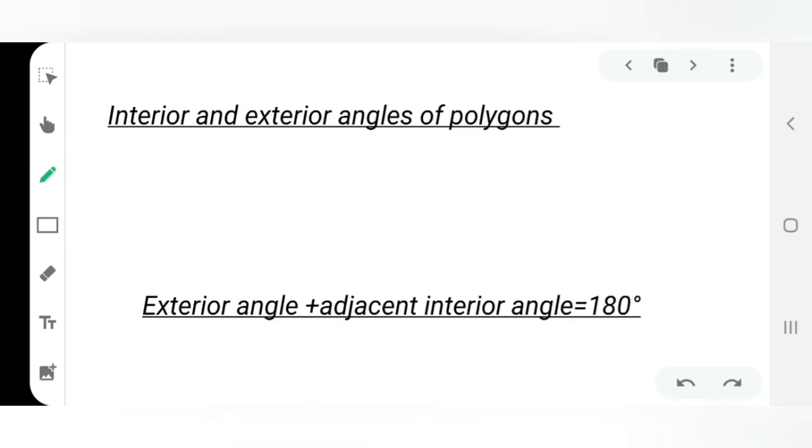Now after that, interior and exterior angles of a polygon. See what we want to say. Take this rectangle. The angles which are inside this polygon are called the interior angles, and the angles which are made when we extend this side of the rectangle like this.